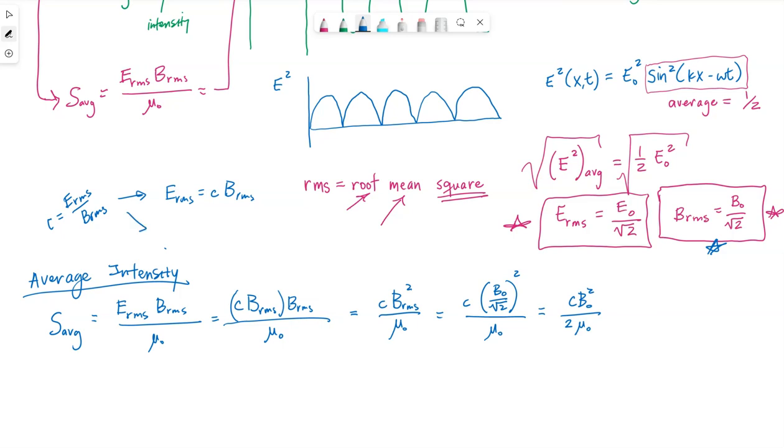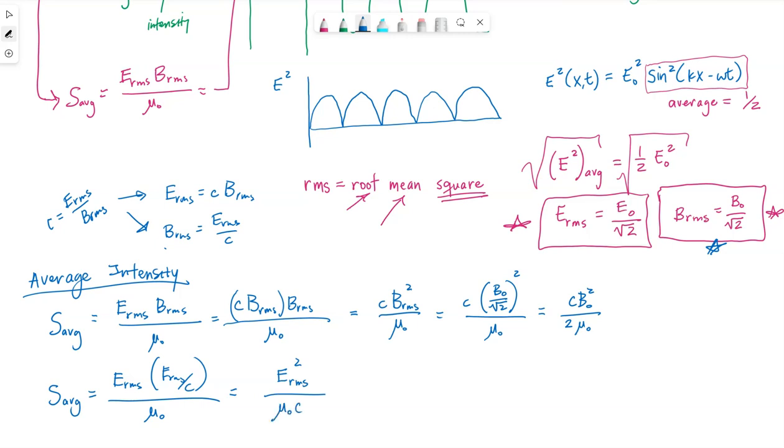But we could have said BRMS is ERMS over c. If I come in and plug that in instead, then my S average can be written in terms of just the electric field.